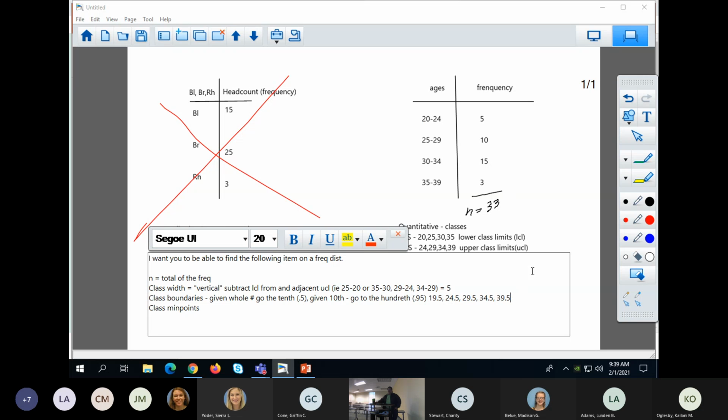And if you were given hundredths, you would go to the thousandth, and it would be 19.995 or 19.955, whichever you want to choose. But most people use 99, if you need to.